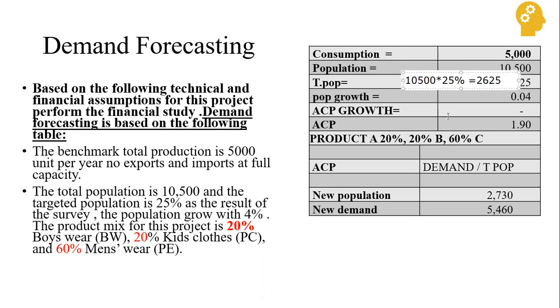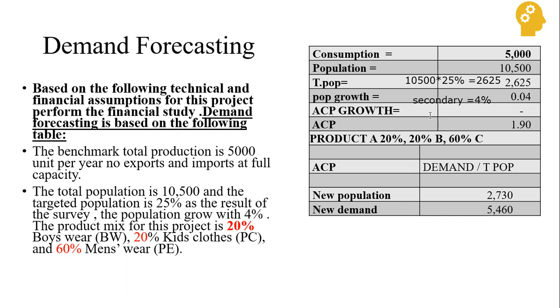Okay, I need to know how much the growth rate is. In this location, we have a growth rate of 4%. This represents my secondary data, and I got it from a report, where I found that it is only 4%. So I have all the data that can help me find the ACP, the average consumption per capita.